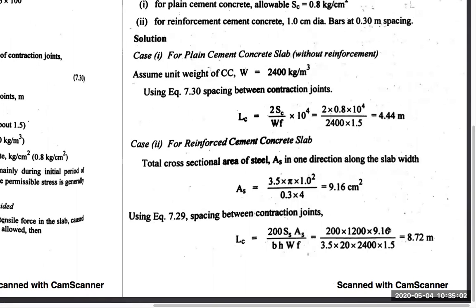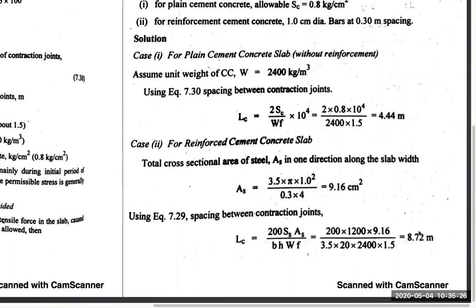Okay, and 9.16, 3.5 is the width of the slab, and H is the thickness of the slab in centimeters, self weight of the concrete, and this is the frictional coefficient. So this is how we need to calculate the contraction joint interval for CC pavement considering reinforcement.